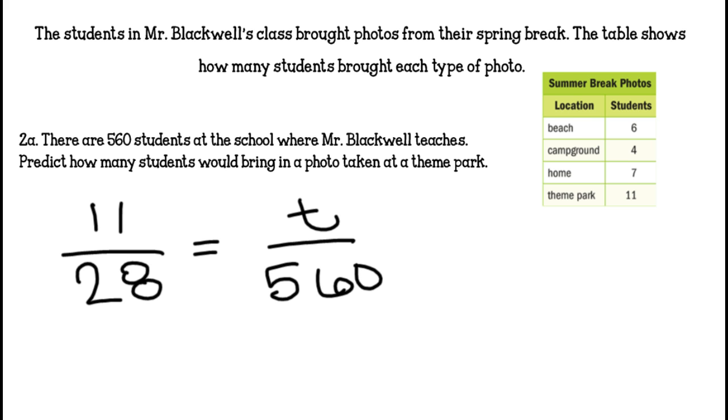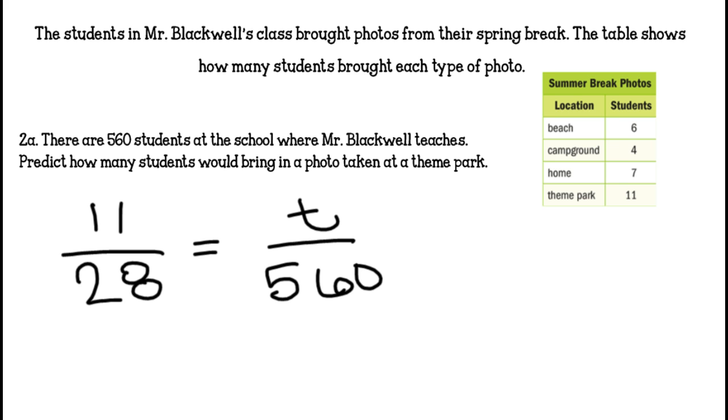So I put a T in for theme park. Now, how did I know 560 went on the bottom? Because 28 is the total number of students in Blackwell's class. 560 is the total number of students in the school in general. So total goes on the bottom, number of theme park pictures goes on top.